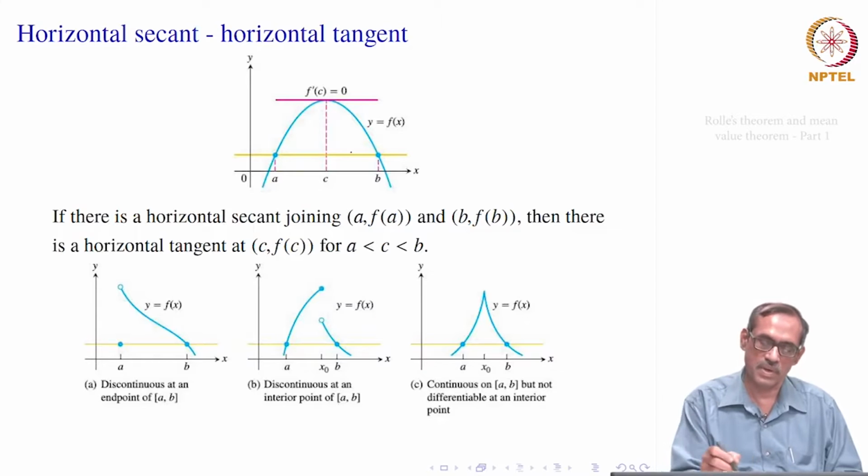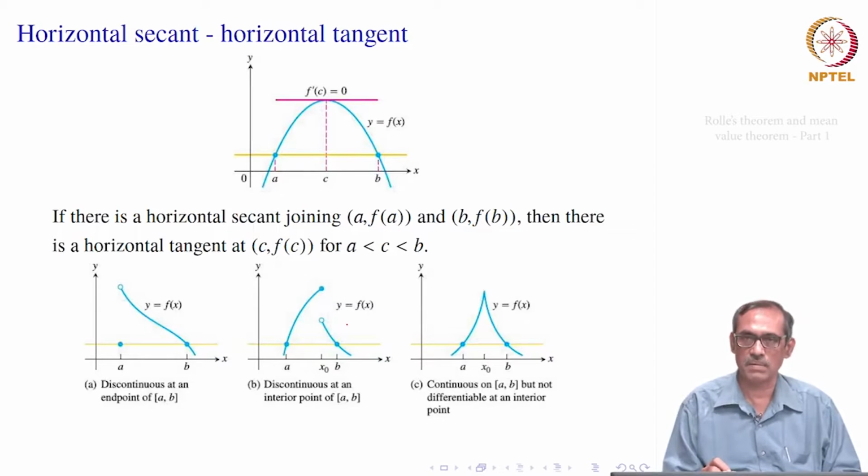You can say it is differentiable on the whole closed interval a b, but we require something less than that. We will say that it is differentiable in the open interval a b. That is, at a and b it need not be differentiable. Of course, if a and b are the endpoints where the function is defined, then the derivatives are one sided, so we even do not need it.